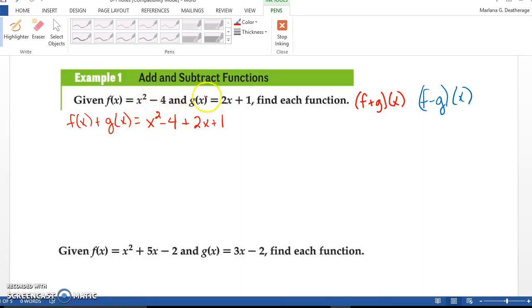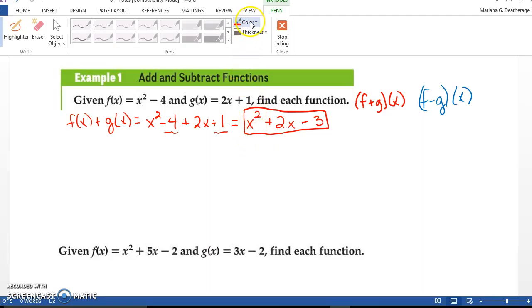So basically, you're just writing them down just like they are and putting them together. So now you just combine like terms. So we have an x squared. We only have one x term, 2x. But then we can combine negative 4 and 1. What's negative 4 plus 1? Negative 3. And that's it. That's the answer. Not bad at all, is it?